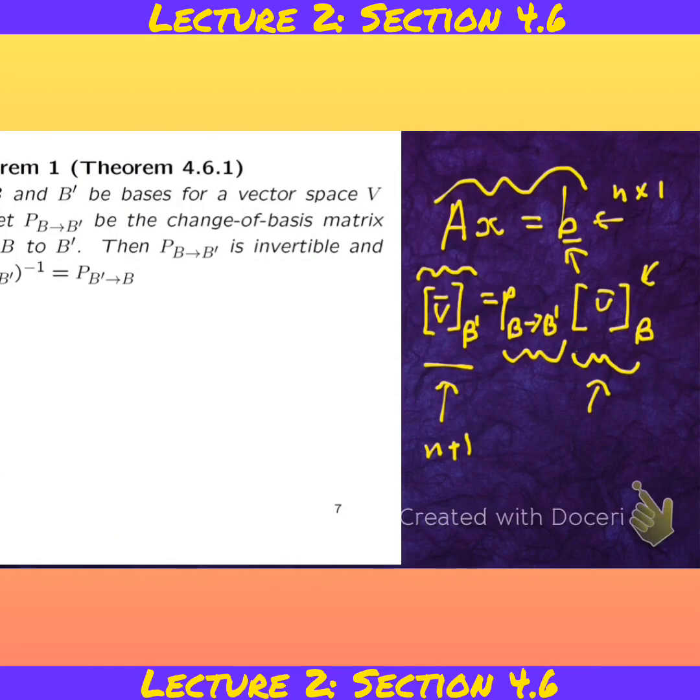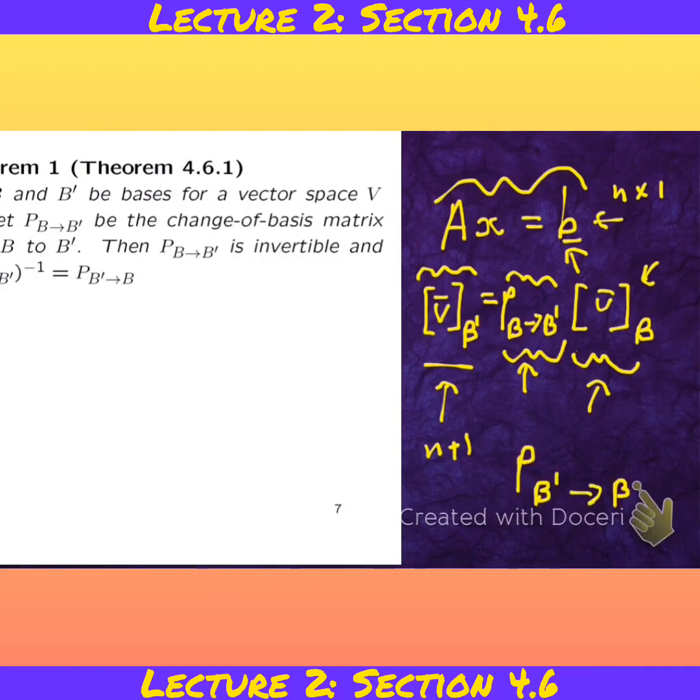And taking the inverse of this matrix on both sides, we can switch the B and the B prime, and by the same symmetric argument, solve for the coordinate vector v with respect to the basis B in terms of the coordinate vector v with respect to the basis B prime, and the inverse of this matrix will in fact be this matrix.